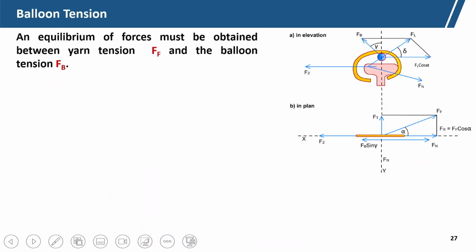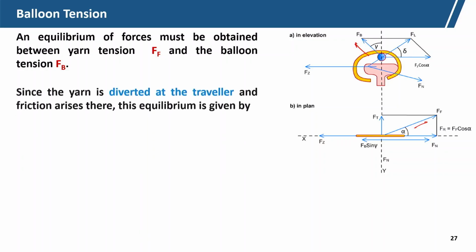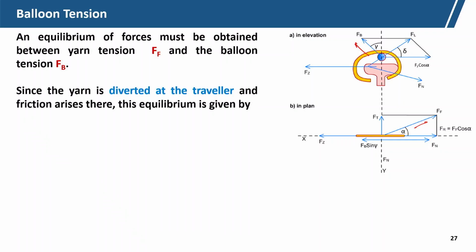Now, the equilibrium force must be obtained between the yarn tension, that is F f, and the balloon tension. Since the yarn is diverted at the traveler and friction arises there, the equilibrium is given.